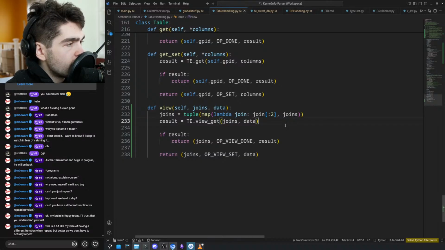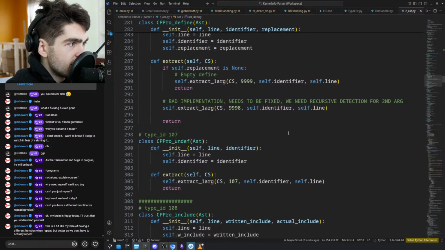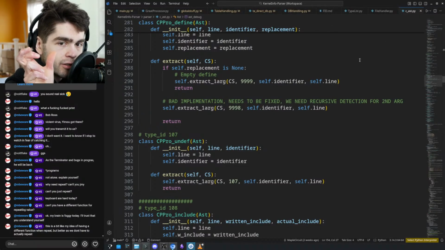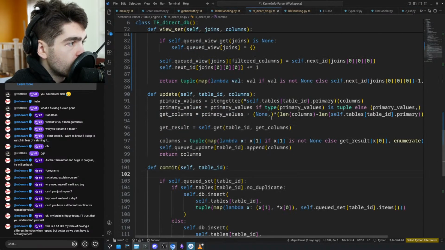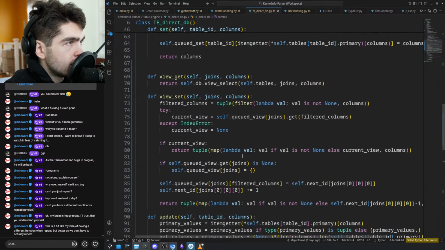My dream here is that each AST has its own kind of join, and the way I've encoded this inside of the DB, the optimization we're going to be able to do is that we can store the view based on said join.